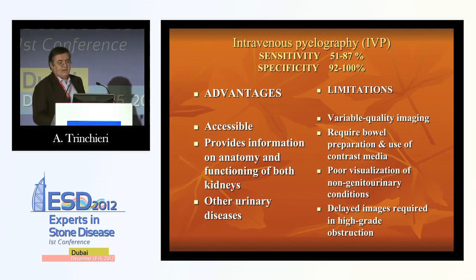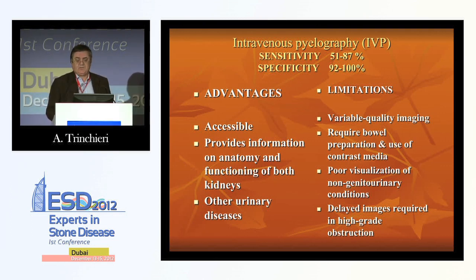IVP is a very good modality for the demonstration of the anatomy of the urinary tract, and also for the evaluation of the function of both the kidneys, and can also give help to the diagnosis of other urinary disease. But there are problems because the quality of the imaging can be very different from one case to the other, because it needs a very good bowel preparation, and it depends also on the habits of the patients.